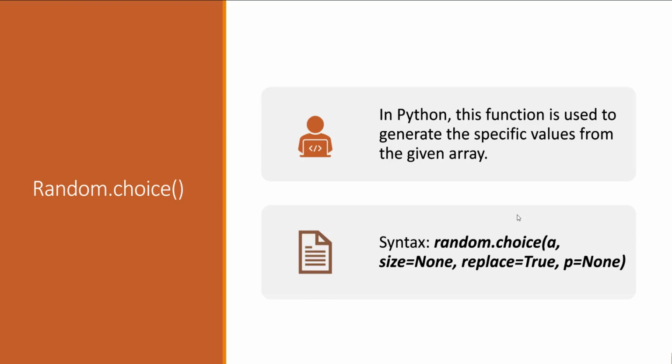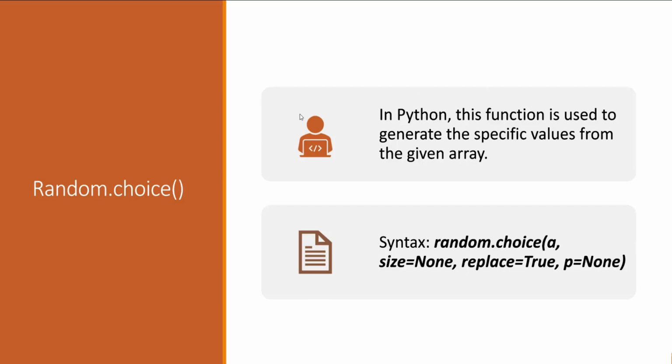The next parameter is size. It is an optional parameter and it determines the output shape. The third parameter is replace. This parameter checks whether the sample is taken with or without replacement. By default it takes the True value. And the last parameter is p. By default it takes the None value and it is an optional parameter.